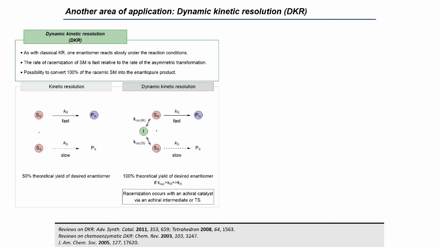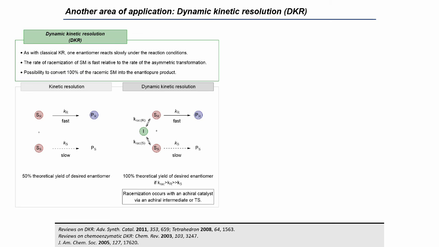One drawback of this strategy is that a maximum theoretical yield of 50% can only be reached. Therefore, the concept of dynamic kinetic resolution was developed, allowing the concurrent racemization of the starting material while a kinetic resolution is performed. Thus, theoretically, 100% of the racemic mixture can be converted into one enantiomer.